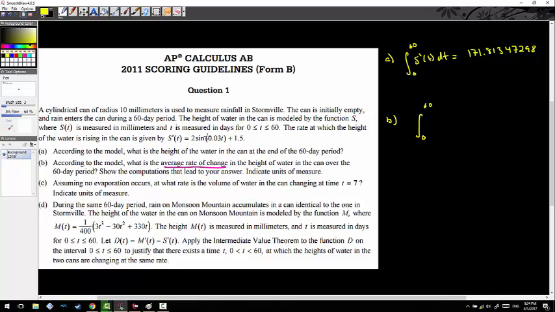I don't want that. I want to know where this rate was averaged out. So, kind of like when we find average velocity, we integrate the velocity function with the 1 over b minus a. I'm going to do the exact same thing here. So I'm going to integrate s prime of t dt on 0 to 60 with a 1 over 60 on the outside. Okay? So let's do it in the calculator, because that's easier.